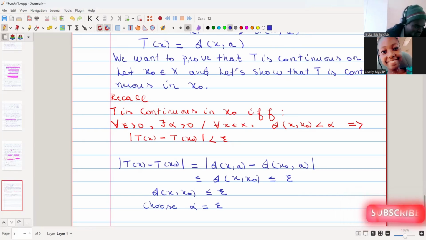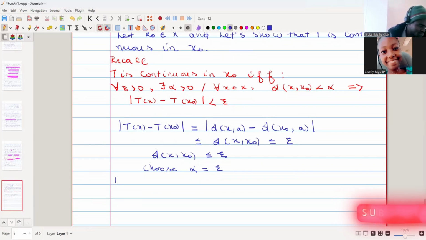When you found this alpha, it means that we are done. That was all.